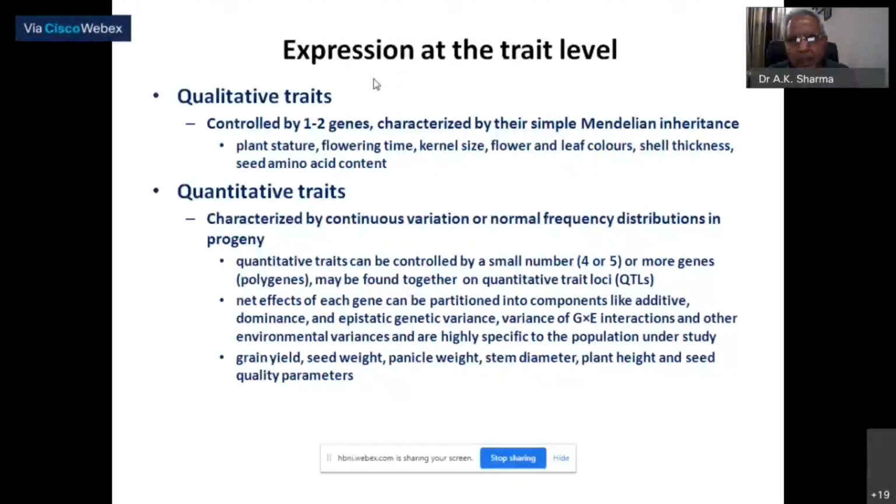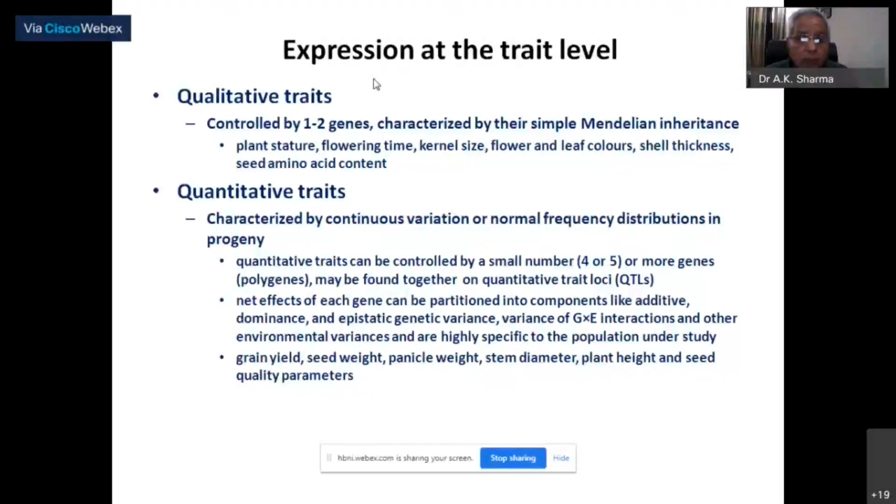They are not discrete like the color of the flower, whether it is purple or white, or the type of seed, whether it is a green seed coat or yellow seed coat. It may be, for example, yield. Yield may vary from one plant to another, or the height of the plant may also vary from one mutation to another.